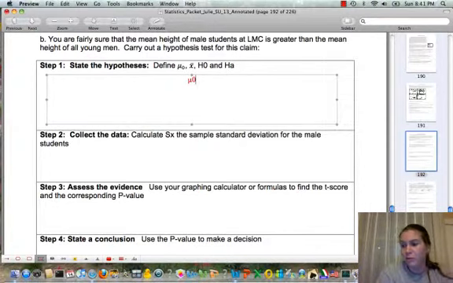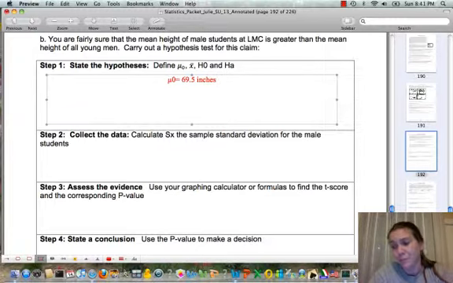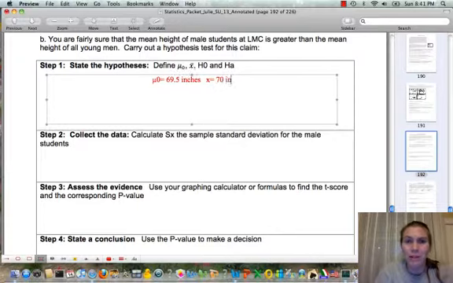So for mu sub 0, we're going to use the population value, the 69.5 inches, height that goes with all young men. For x bar, and I don't have a way to put the bar on top, so you'll have to know which x I mean, that's from our LMC sample, and that height was 70 inches.